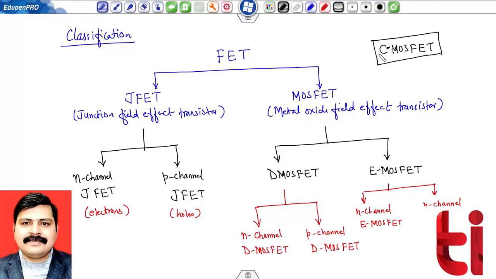This CMOS is very important and interesting in terms of the fabrication of various integrated circuits in the analog or digital domain. So this is the classification. In this module, we will focus on the first segment, which is my junction field effect transistor, JFET. So let us see the construction and the working of JFET.